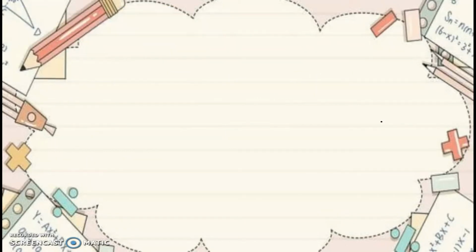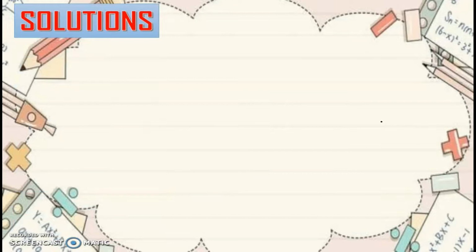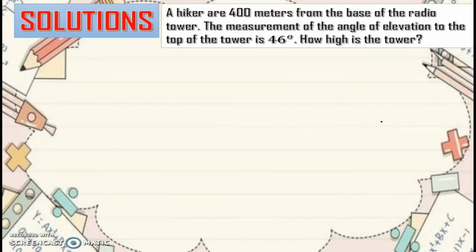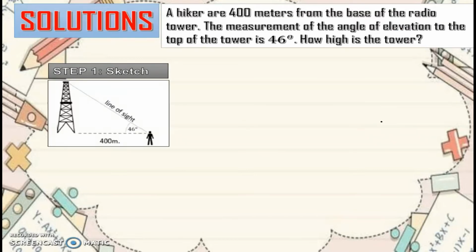So, for us to understand the problem better, the first thing that we're going to do is sketch the situation. If this is the radio tower, and 400 meters away from the base of the radio tower there's a hiker, the angle of elevation from the hiker to the top of the radio tower is 46 degrees. So, the question is, how high is the tower?